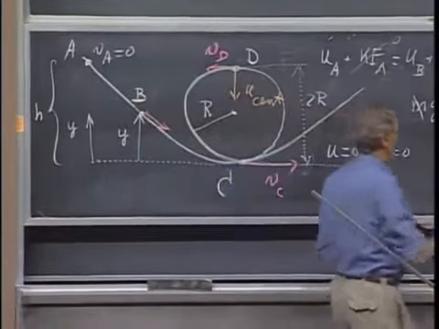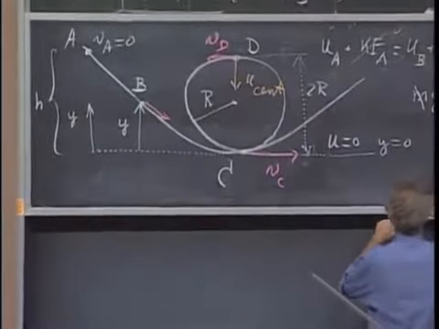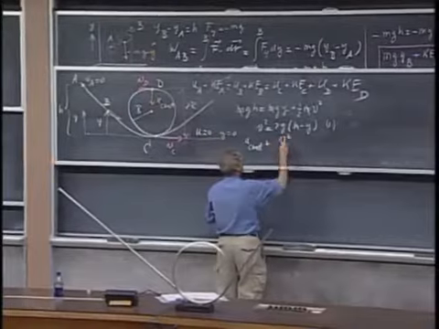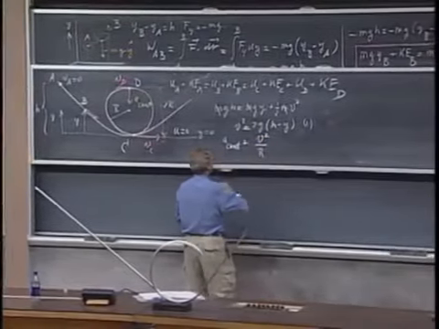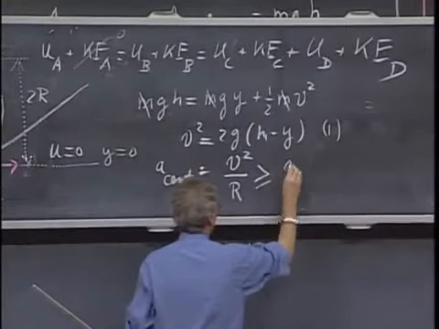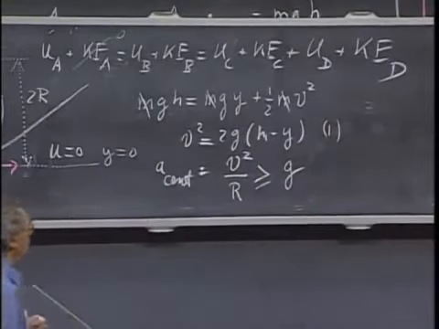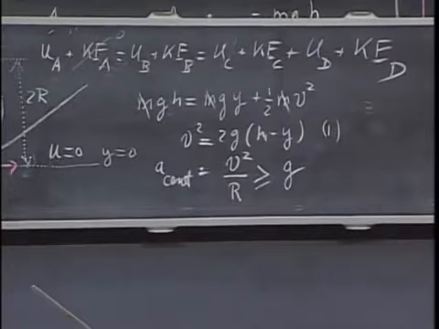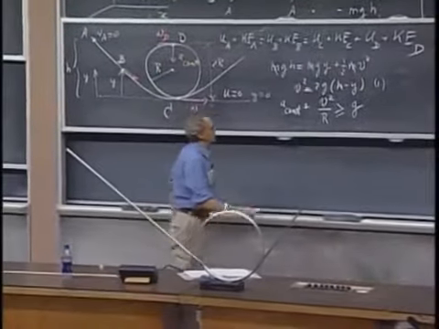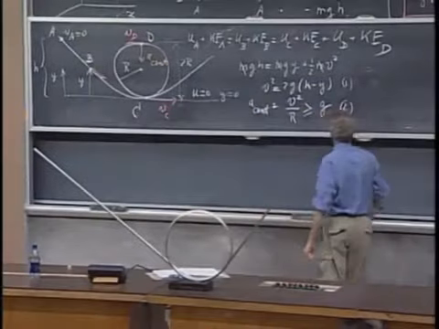And that centripetal acceleration, as we remember from when we played with the bucket of water, is v squared divided by r. And this must be larger than or equal to the gravitational acceleration g. If it is not larger, the bucket of water would not have made it to that point D. So this is my second equation that I'm going to use.